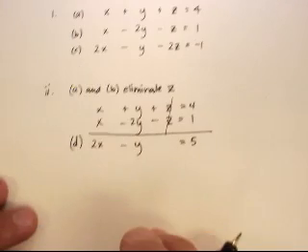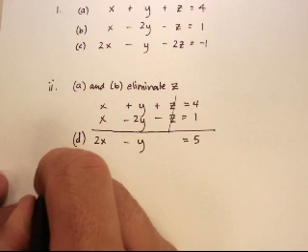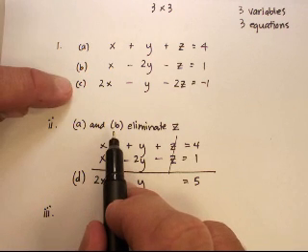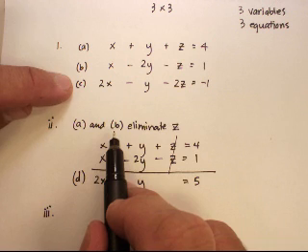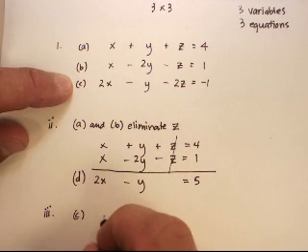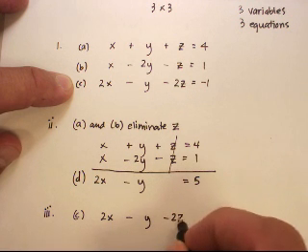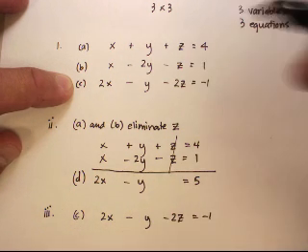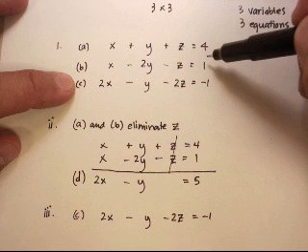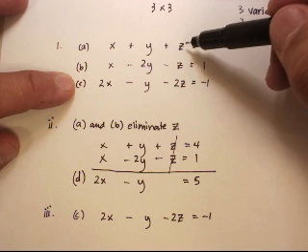In this method, now what I have to do is go back and pick up the equation that I did not use first. So in this case, I didn't use C. So let me write out C. And I have to pair it with one of the other two equations and eliminate the same variable that I eliminated before.